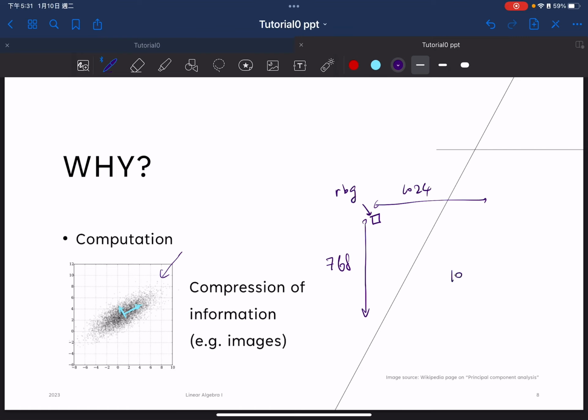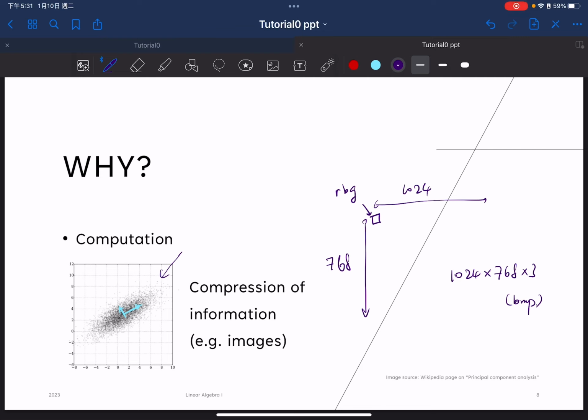So you have 1024 times 768 times 3, and it's very big, and it's usually called BMP. To save it in your phone will take ages. So what is a better way to save the image in your phone, to save some space?